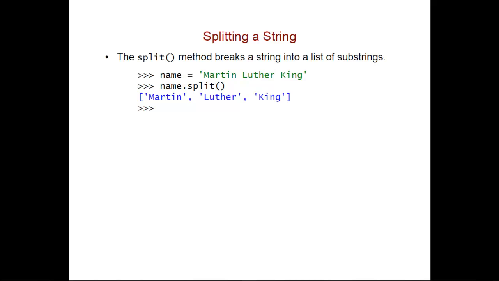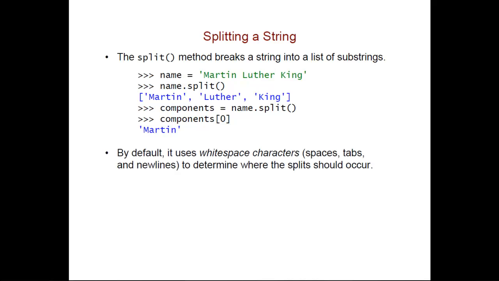You can see the first element is the first name, the second element is the second name, the third element is the third name. It's a nice way of breaking up a string into logical substrings. And this would be even more useful if I assigned the result of the method call to a variable, because then I could use the variable with indexing to get the components.